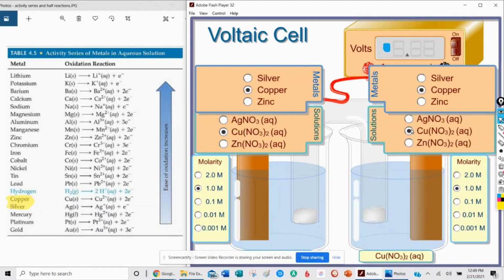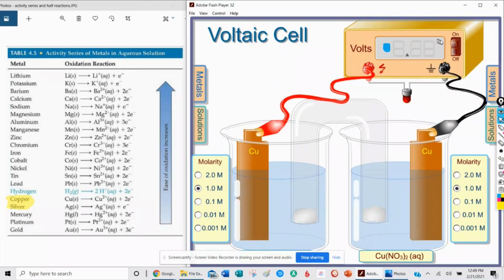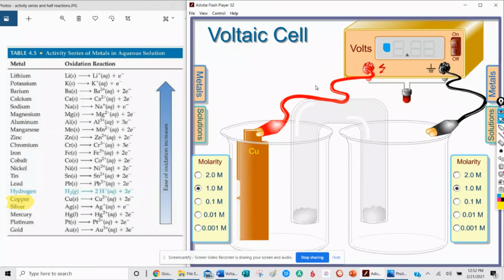There isn't anything here that has a stronger pull on those electrons. So when I turn it on, you can see absolutely nothing happens, and there's no electricity being made, so no volts on our voltmeter.